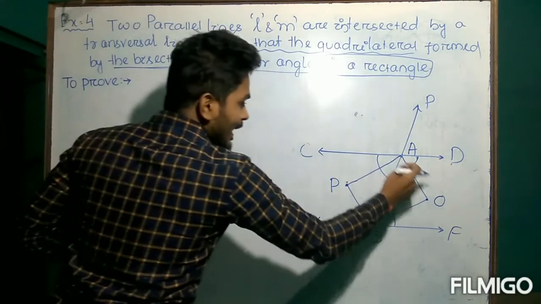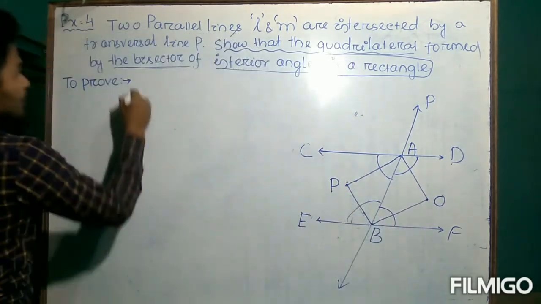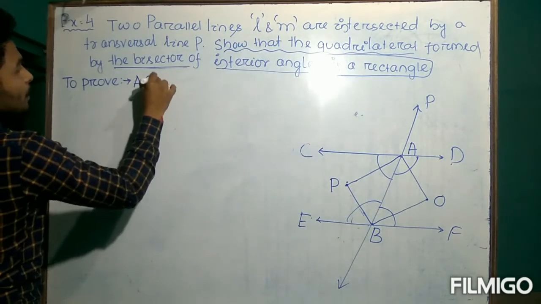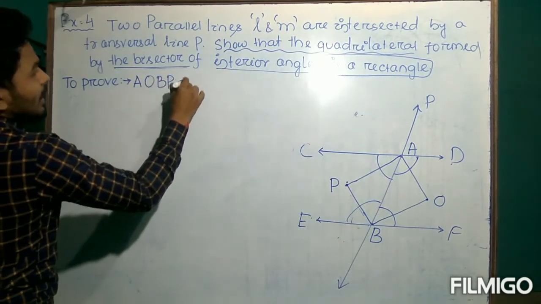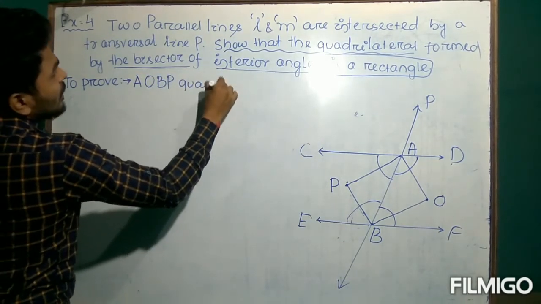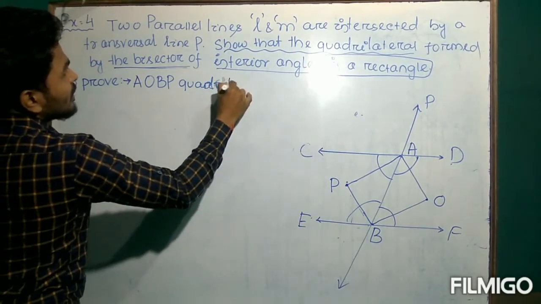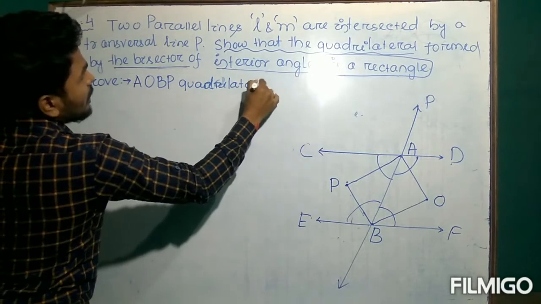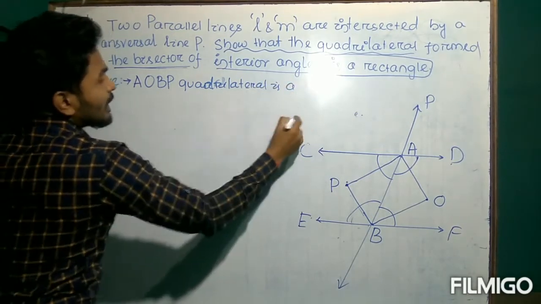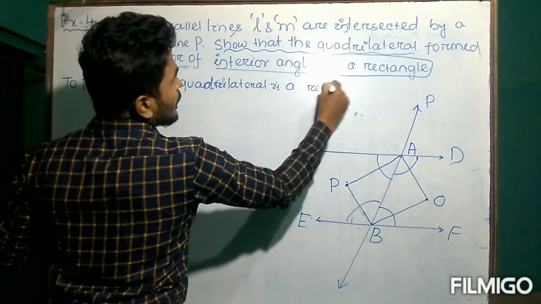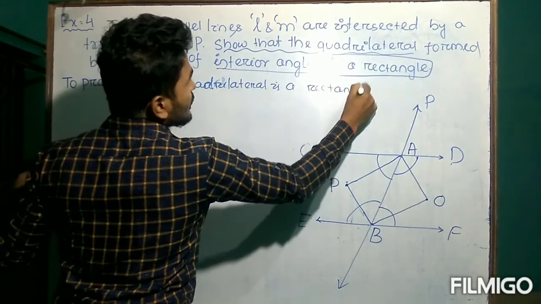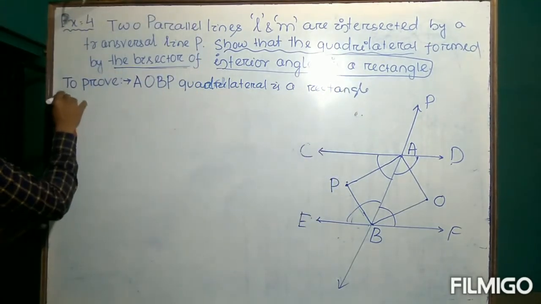So you can write, we have to prove the quadrilateral AOBP is a rectangle. Understood? So let's prove it.